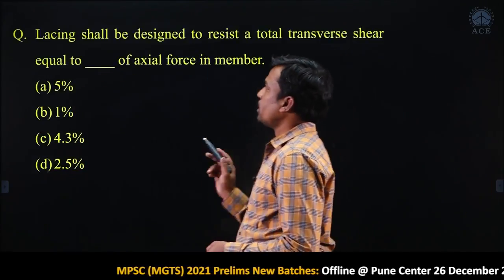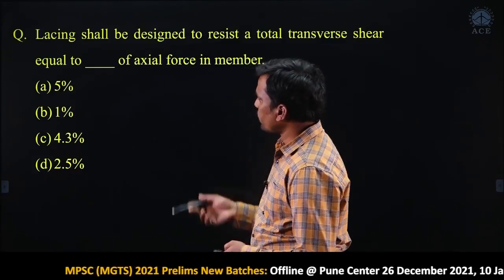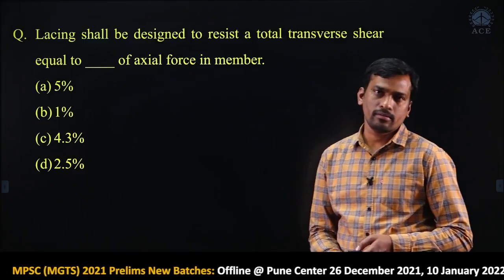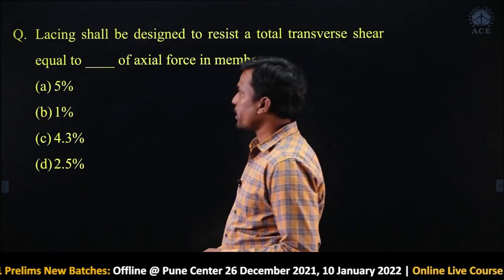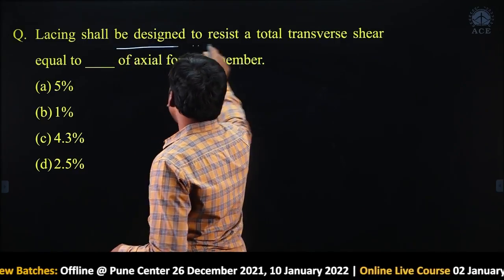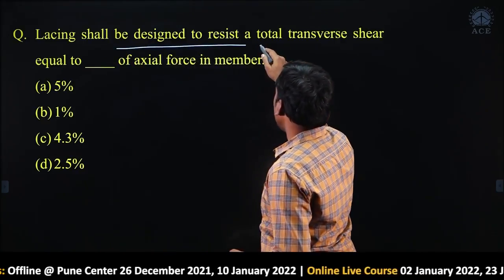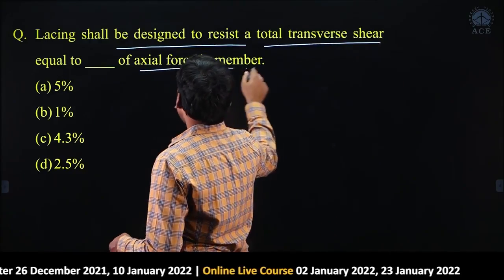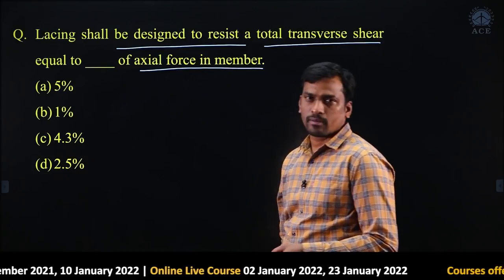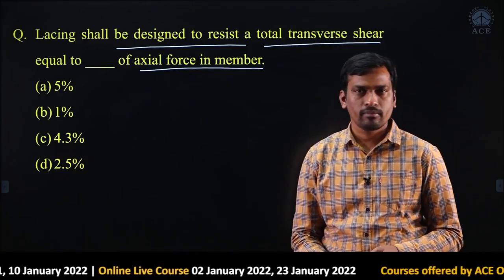The last question is from the compression member chapter, where I explained lacing and battening. Here, lacing shall be designed to resist a total transverse shear force equal to the axial force in the member. Yes or no?